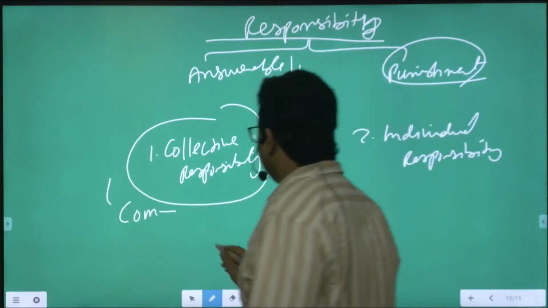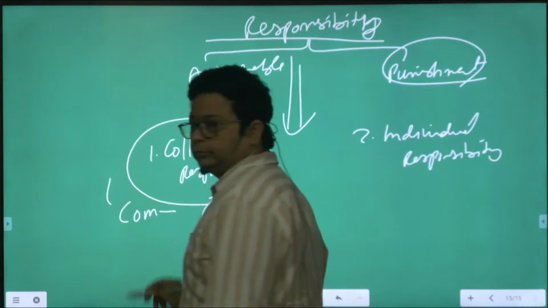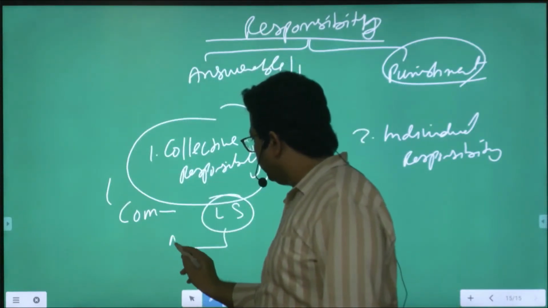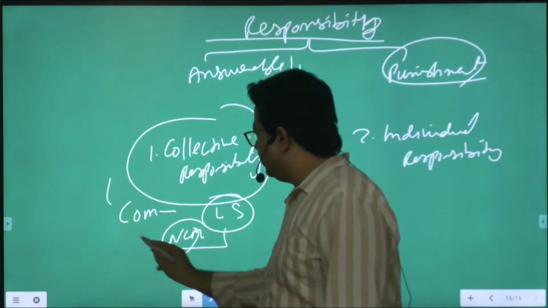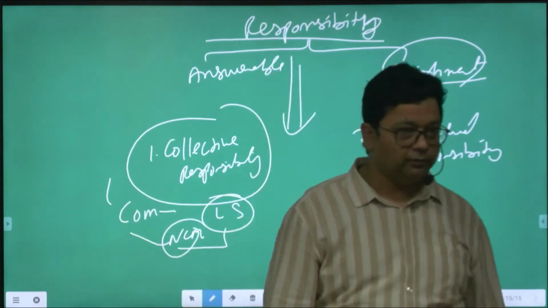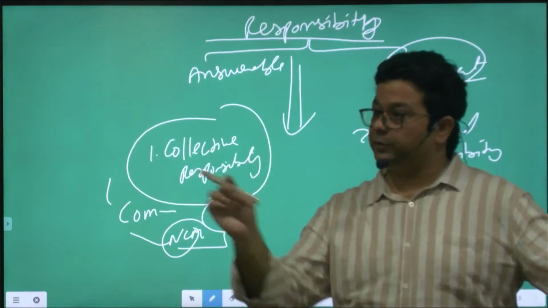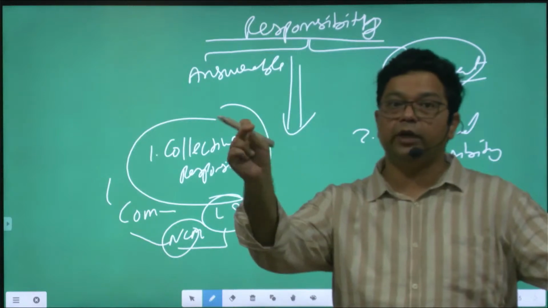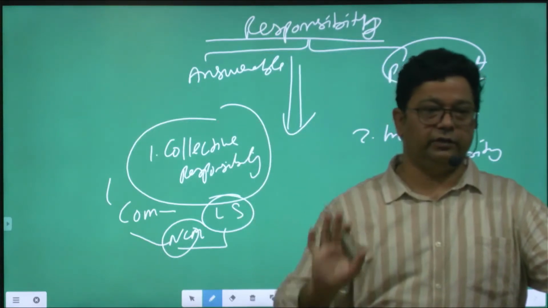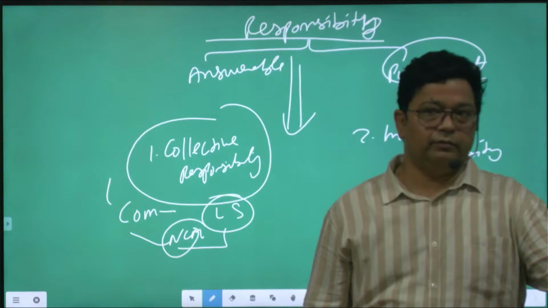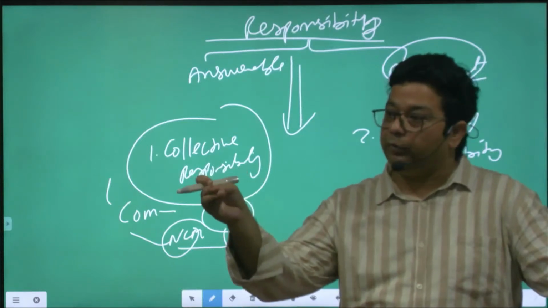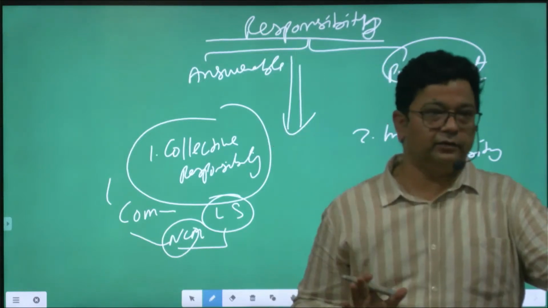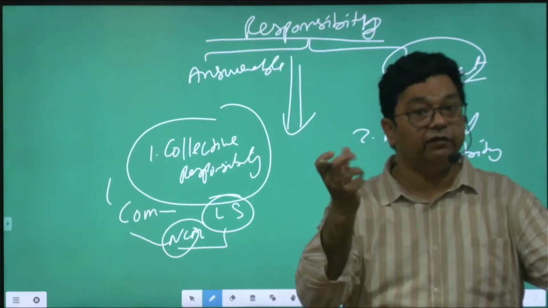They are responsible to the Lok Sabha, and for punishment, the Lok Sabha may pass a no confidence motion against the Council of Ministers. Because of this collective responsibility, they are known to swim together and sink together. Yes or no? If they sink, all sink together, and if they cross, all cross. This is collective responsibility.